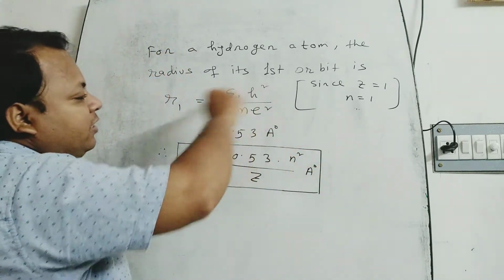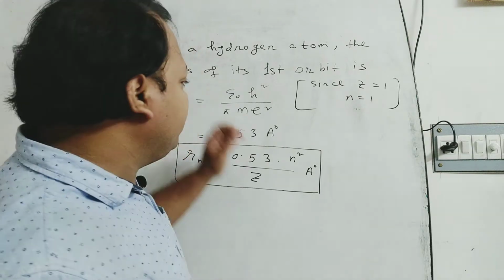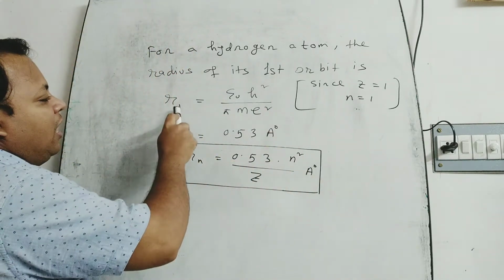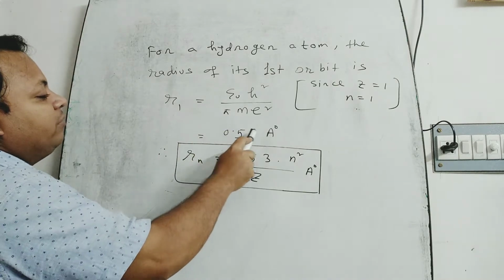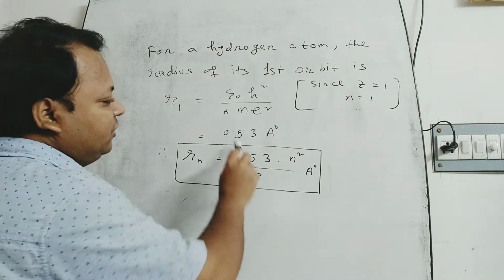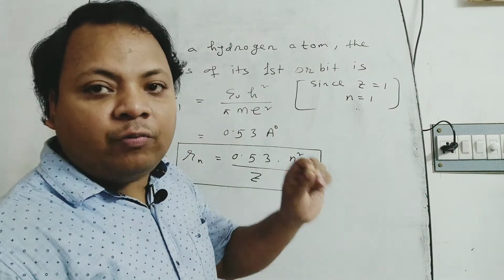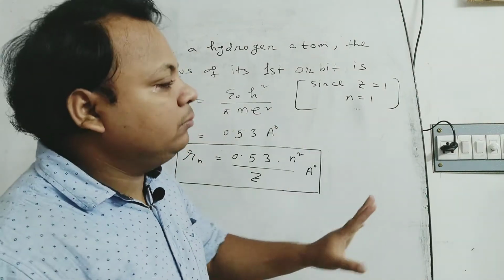These are all constants, and now putting in the values of these constants, we get r_1 is equal to 0.53 angstrom. This is the radius of the first orbit of a hydrogen atom.